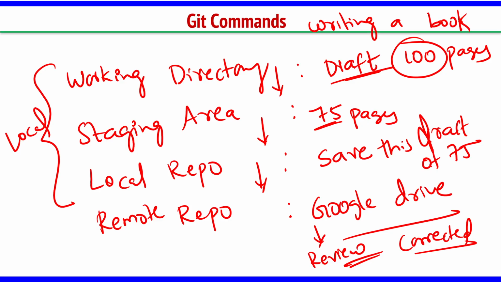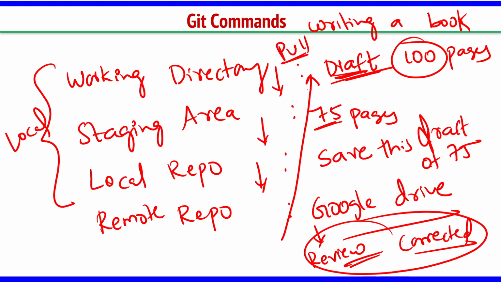But in your local working directory, are these changes reflected? No, they are not. So for that you can use the pull command: whatever changes I made here will be reflected in your local working directory, so that when you work on the remaining pages, you are working on the updated pages, not the older version, right?